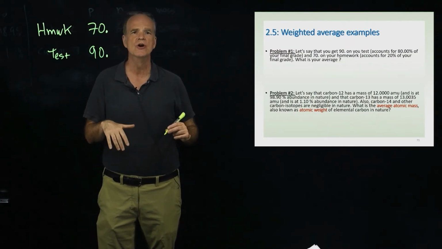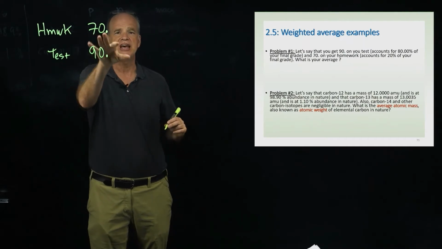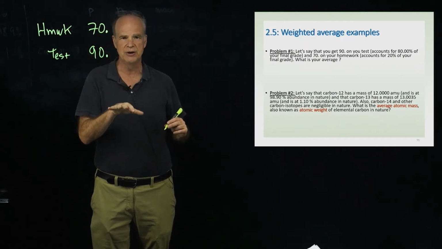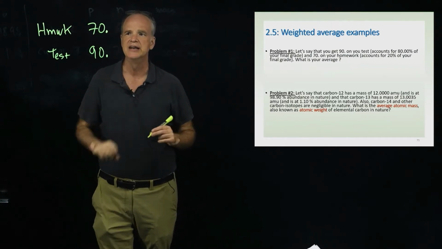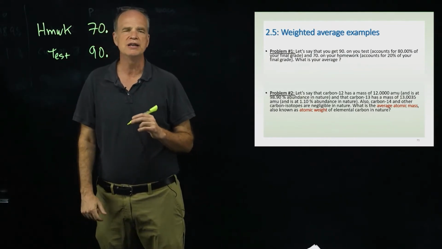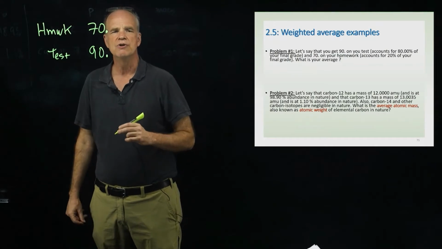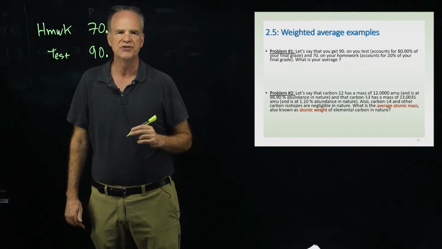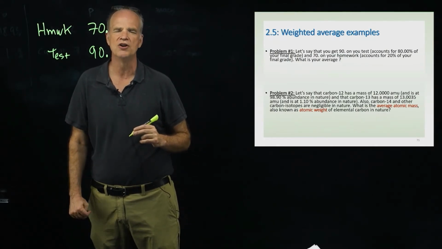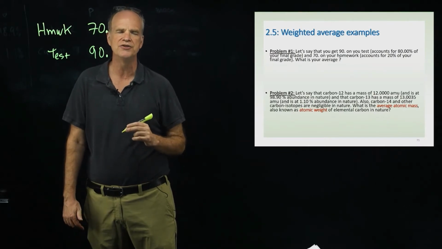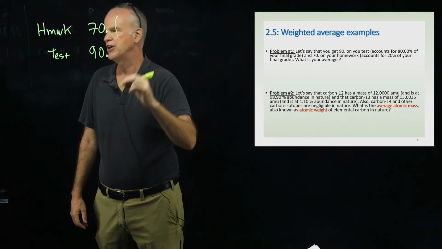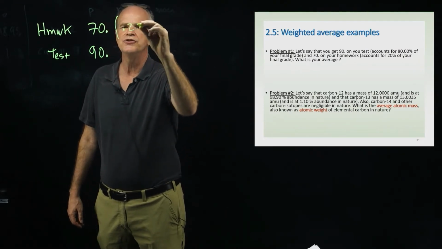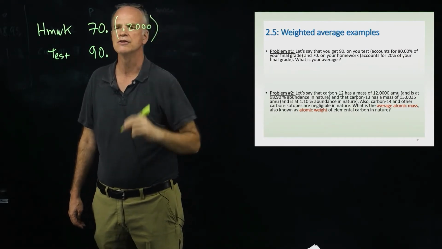So what you have to do is take those numbers and weight them by the percentage that is going to be accounted for in the final grade. Homework is going to be 20% of the grade. So you take the homework grade of 70, and you don't multiply it by the percentage; you multiply it by the decimal form of that, which is 0.2000.